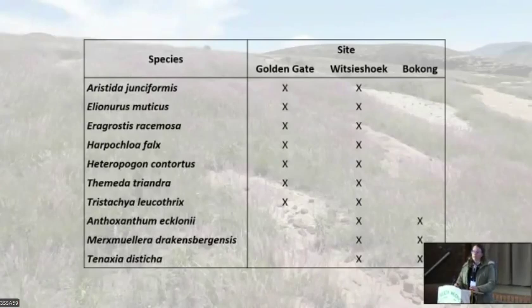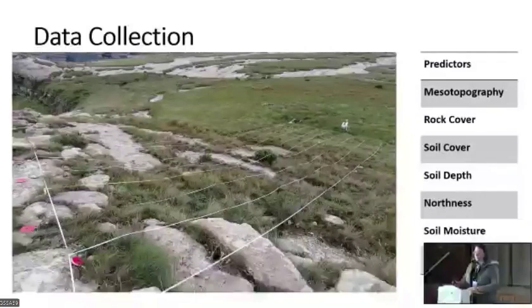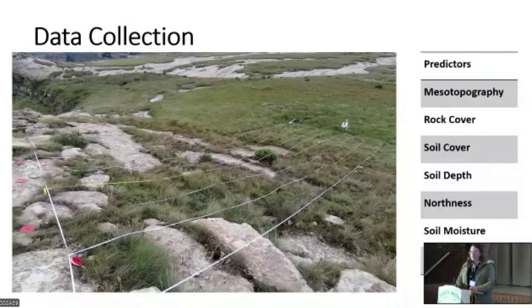For my study, I'm focusing on the 10 grass species that had the most cover, which made up about 50% of the total grass species. In each cell, we also identified and measured abiotic factors like aspects of mesotopography, rock cover, soil depth, northness, soil moisture, and soil temperature.